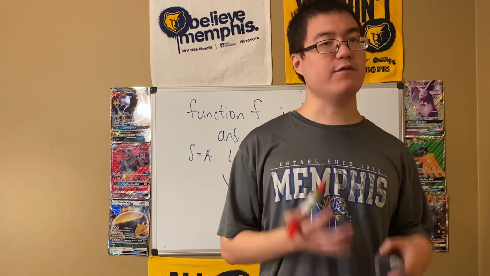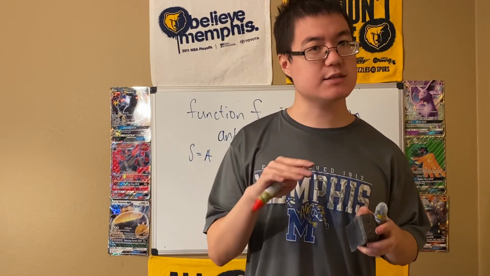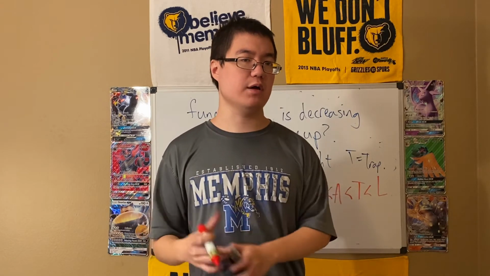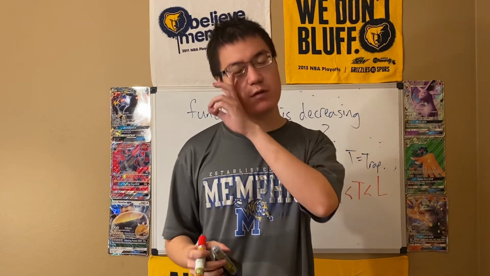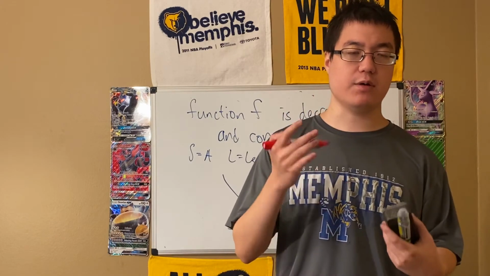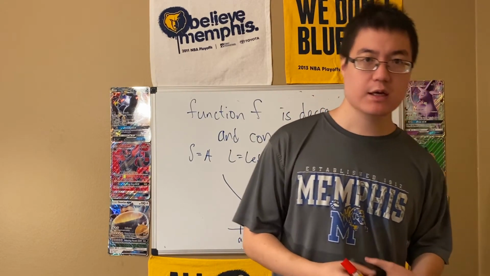For every single one, we did difference in the x's for the base, and for the heights, we plugged in certain y values depending on what Riemann sum was being asked. For left, we plugged in the left endpoint. For right, we plugged in the right endpoint. For trapezoidal, we plugged in the average of the left and right, and for midpoint, we plugged in the midpoint. And that's all it was.